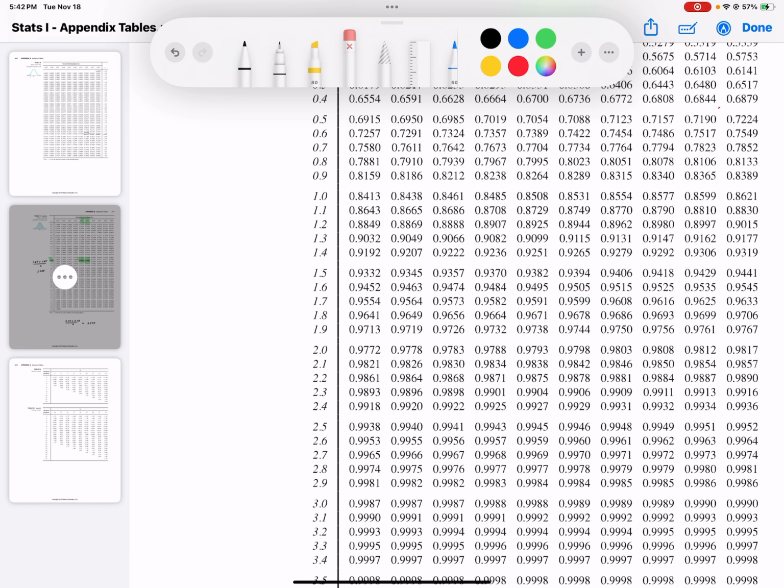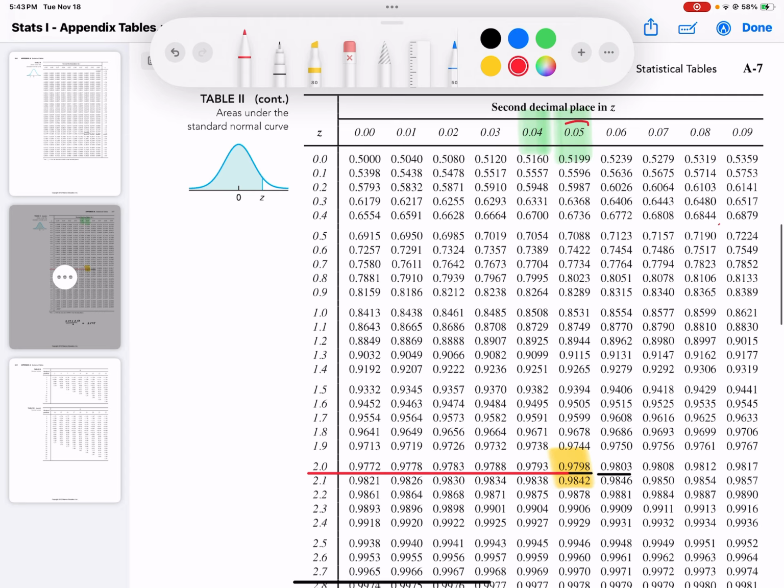I'm looking at the closest value to 0.98, and I see 0.9798. That's 2 away, and 0.9803 is 3 away. So clearly, this one is the closest, 0.9798. And the z-score associated with that is 2.05.